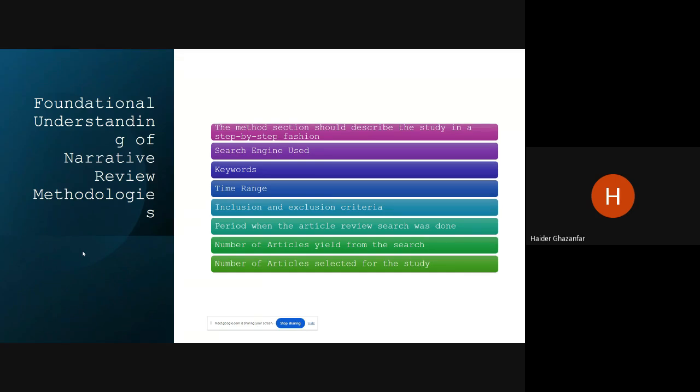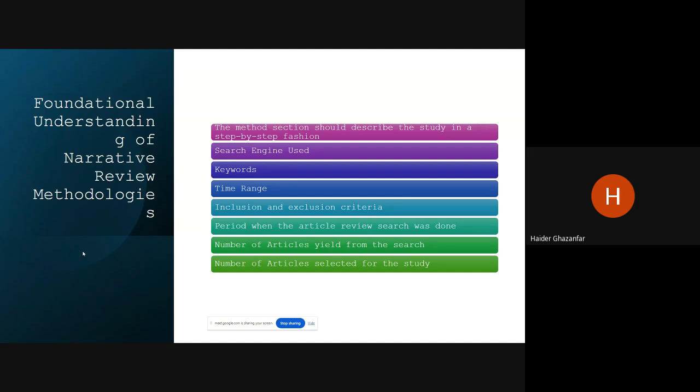Like, did you choose articles from 2000 till date, or from 1900, or whatever you put in the inclusion exclusion criteria? That's very important. The number of articles yielded from the search and the number of articles selected for the study is really important for some journals. They will ask you, when you use your keywords, time range, and inclusion exclusion criteria, how many articles came out and how many were eventually selected.